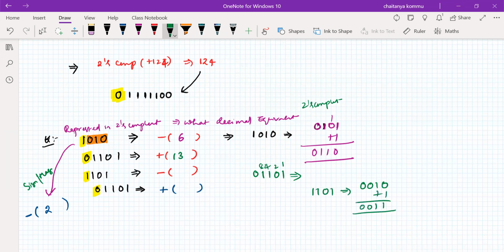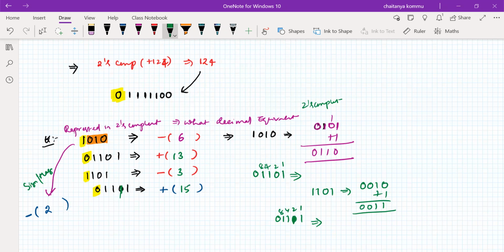So it is -3. What is the next one? 01101. Complementation is not required; directly we can do it. 1, 2, 4, 8. So what is the value? 8, 4, 12, 13, 14, 15. 15 is the answer for this, plus 15.